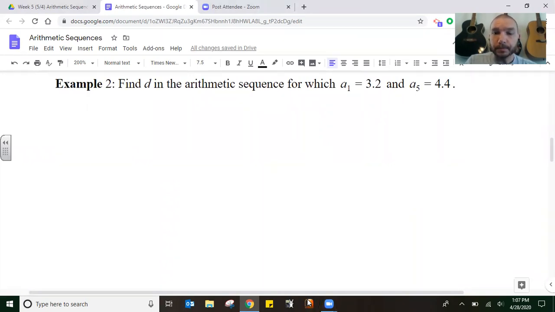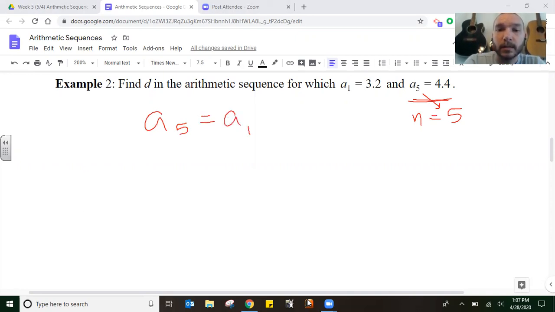Here's the good news. When I know a sub 5 is 4.4, that means n equals 5, because that's telling me the fifth term is 4.4. So that means I could use my formula for a sub 5 like this: a sub 5 is equal to a sub 1 plus 5 minus 1 times d.